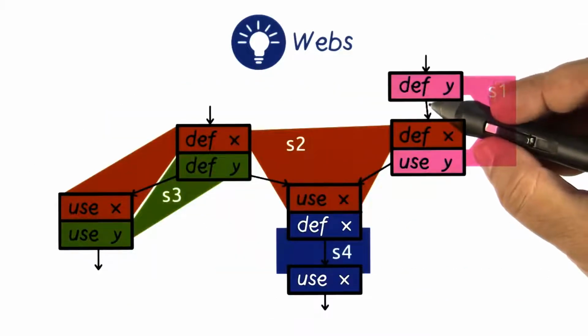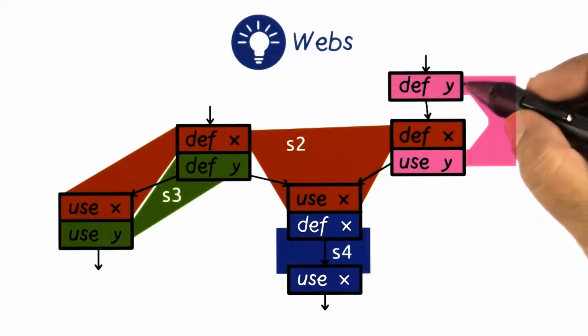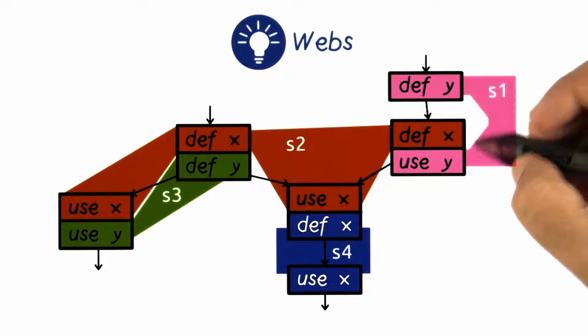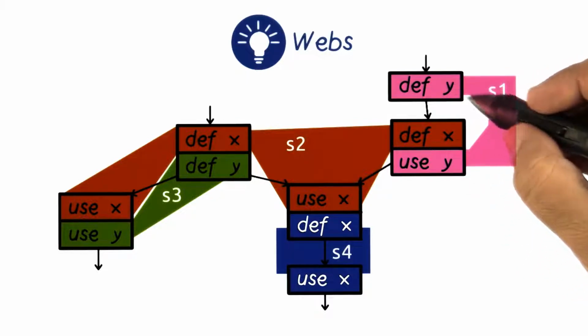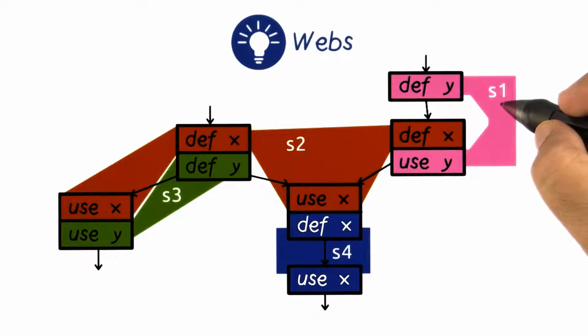Let us look at the concept of webs as we have seen in terms of the definitions. How does it look through an example? So you can see that we have a definition of y, which is feeding the value to a use of y somewhere down, and these two are connected by one single web, and we call this web S1.